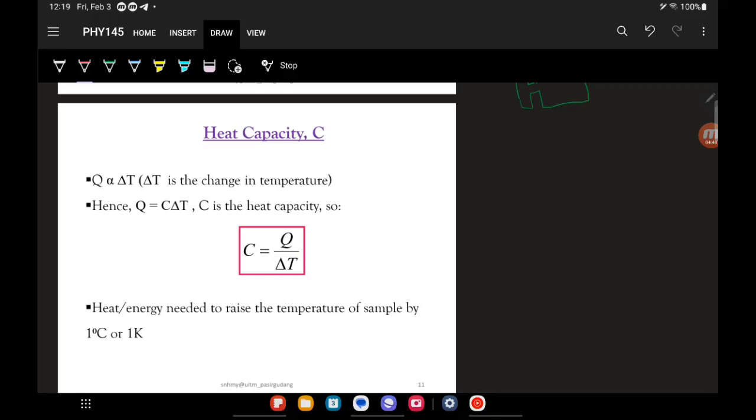In general, the definition of the heat capacity is as follows. As we discussed just now, Q is the flow of energy, the amount of energy transferred from one object to another before it reaches thermal equilibrium. The heat flows continuously until the temperatures of both objects reach thermal equilibrium, meaning there's no difference in temperature between the object and the surrounding.